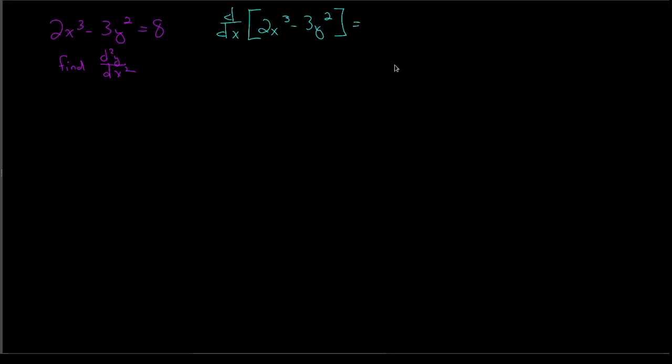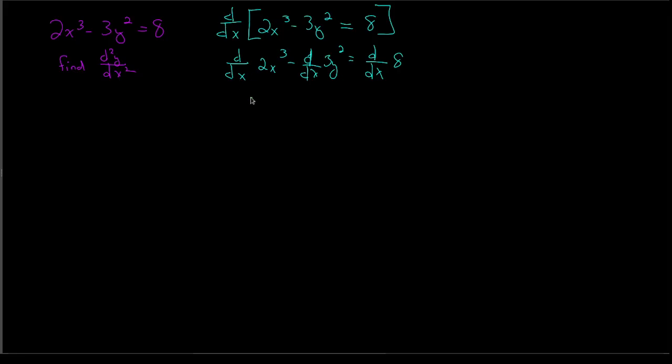Whoops, get my parentheses right. We're applying it to the whole relationship, so this operator is applying to everything here. So we'll continue to apply the operation onto each term.